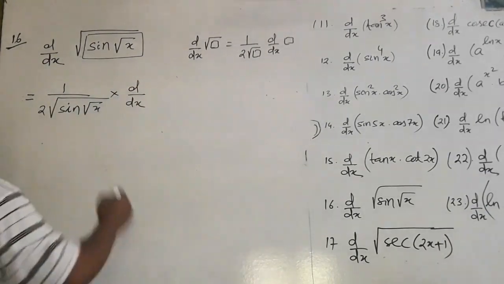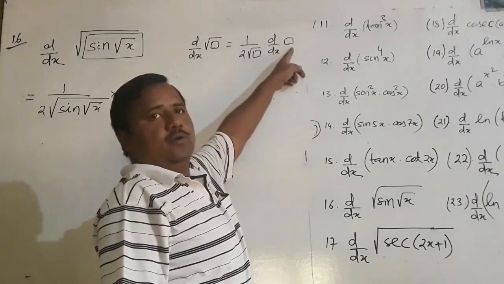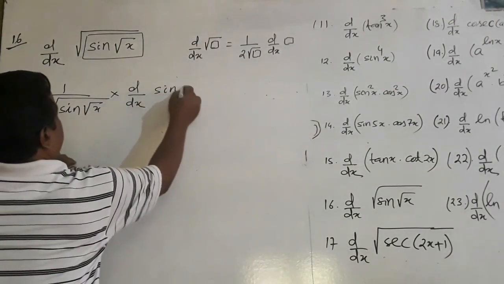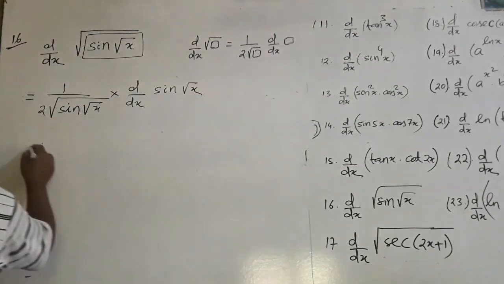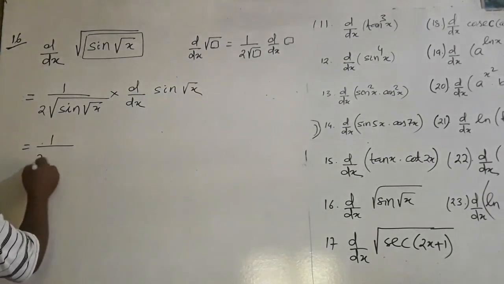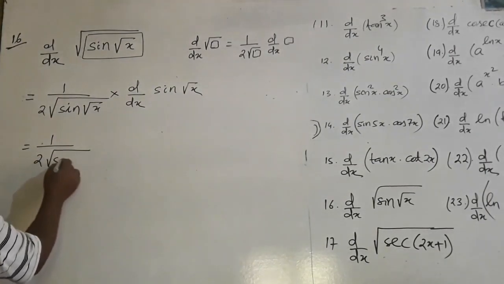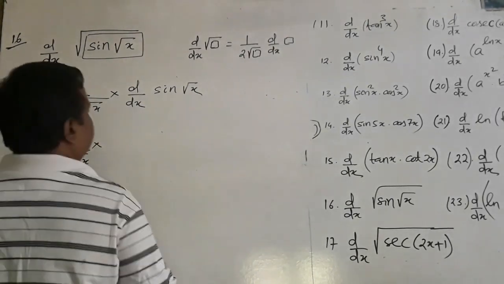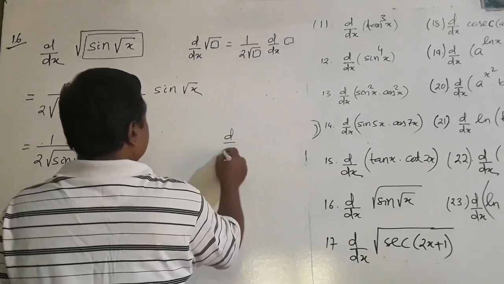Look at here, there is no root over sine here, only sine root x. And you know the formula. It is 1 by 2 root of sine root x into, what is the formula of d by dx of sine box?